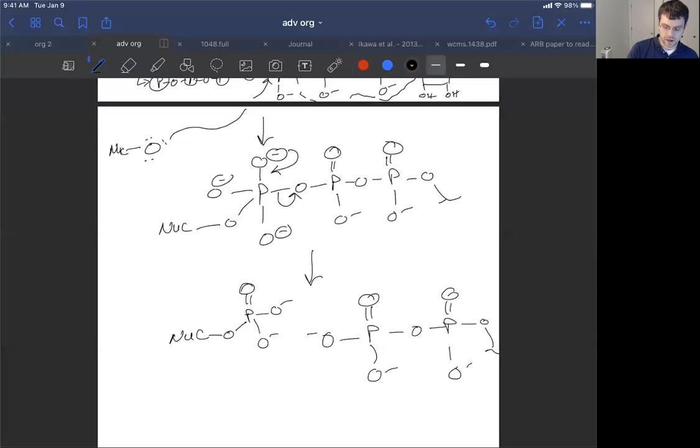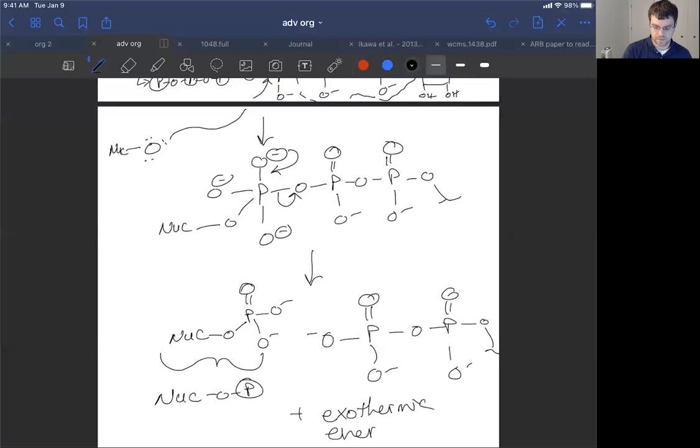We made a nucleophile on oxygen bound to a phosphate. And so this is what we typically see that happens. And this is very exothermic. This is going to release a lot of energy.